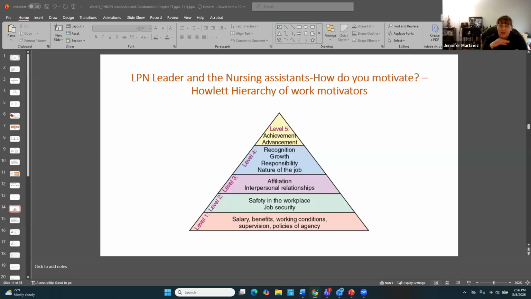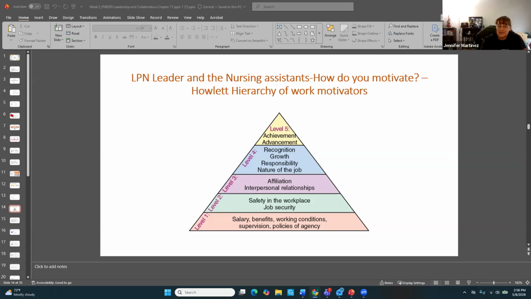Once those basic needs are met, that's the motivator for the next one, and that's safety in the workplace and your job security. So you come in, you do a good job, you build up that job security. And then, of course, that motivates you to develop relationships within your employment: with your CNAs, with your fellow nurses, with your leadership and management, as well as the clients that you're working with.